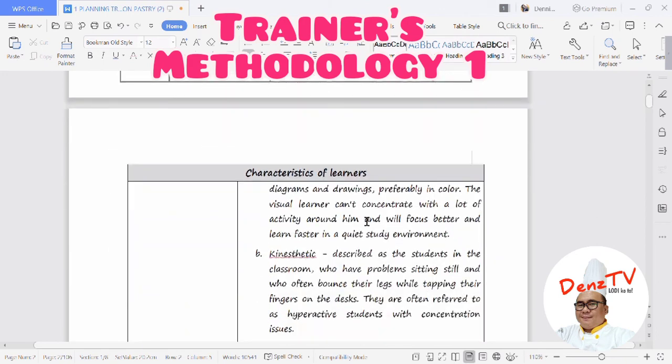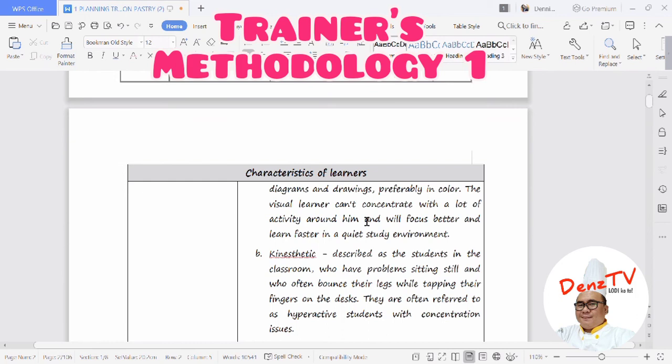Kinesthetic. When you say kinesthetic, these are the learners who choose classes with hands-on laboratory. Okay? Described as a student in the classroom who has problems sitting still, who often bounces their legs while tapping their fingers on the desk. They are often referred to as hyperactive students with concentration issues. Okay?